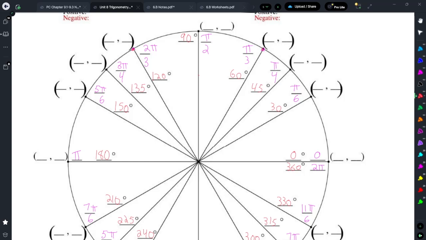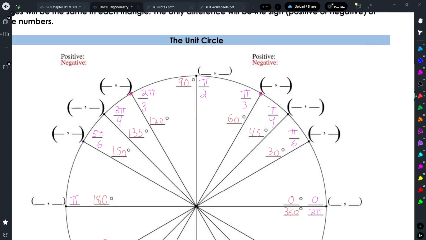Okay, now the ordered pair. With the ordered pair, in quadrant number 1, the cosine is positive and the sine is positive, or the x and y. In quadrant 2, x or cosine is negative and sine is positive.